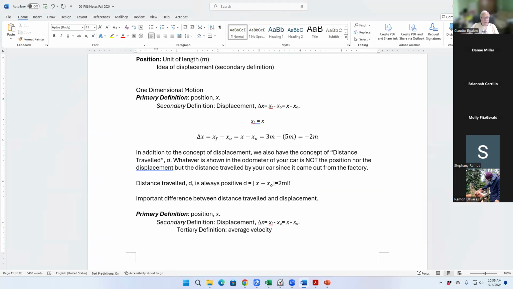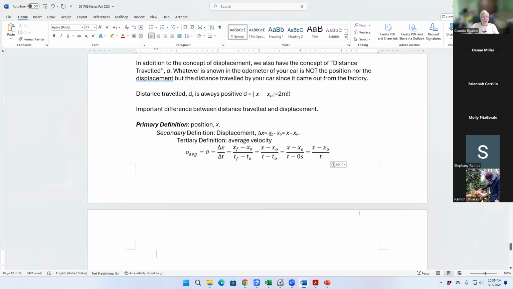Average velocity. Here you go. The average velocity is defined as displacement over amount of time, delta x over delta t.